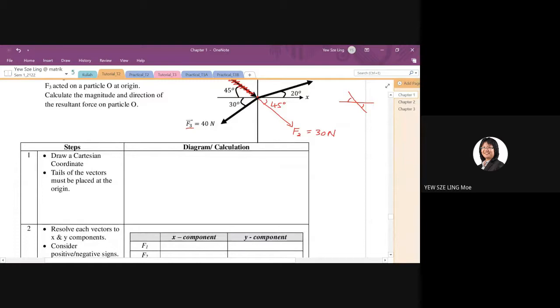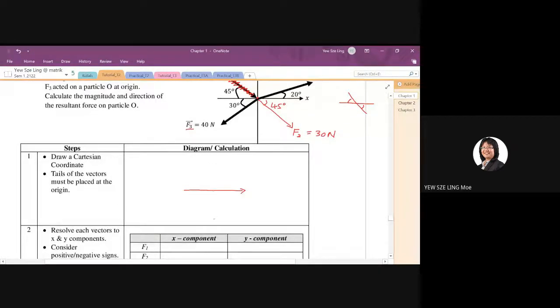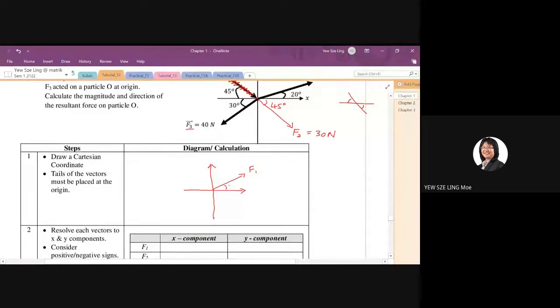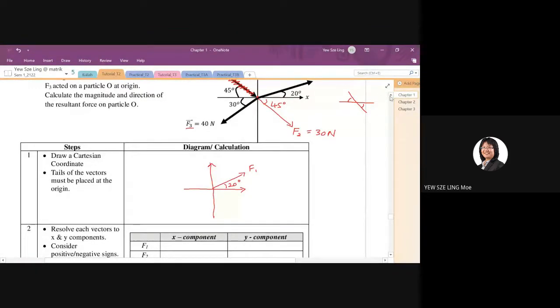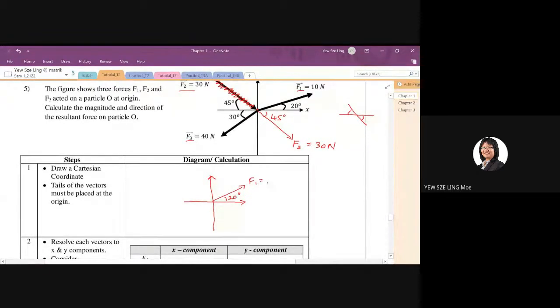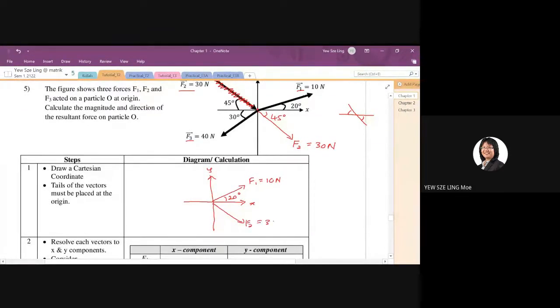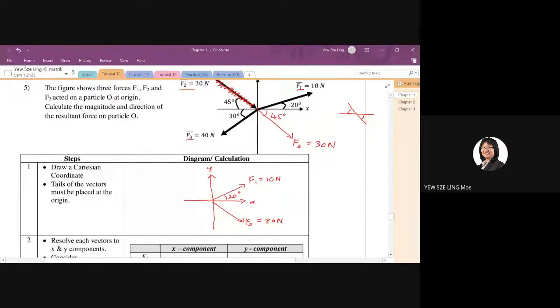Step 1, draw a Cartesian coordinate. Why? Because you are going to draw F2 at its new position. So this is your F1, which is 20 degrees, and the force is 10 Newton. And then we have F2 in the fourth quadrant, which is equal to 30 Newton, and this is 45 degrees.